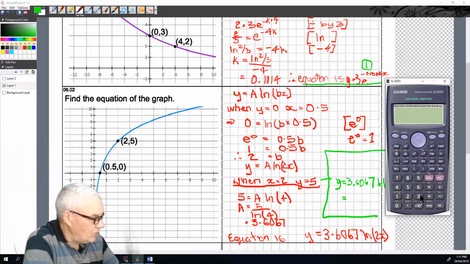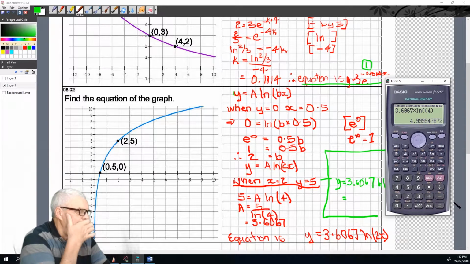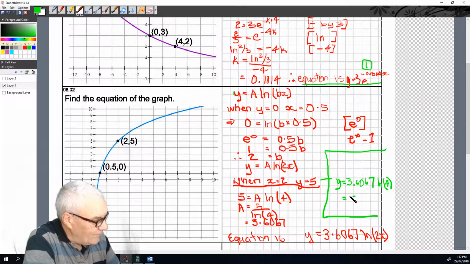Okay, so we go 3.6067 times ln bracket 4, 2 times 2 is 4, equals 4.99994, which equals 5.